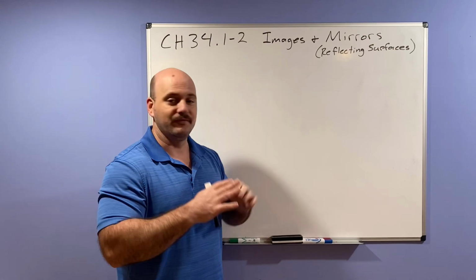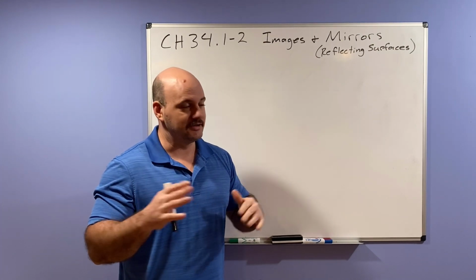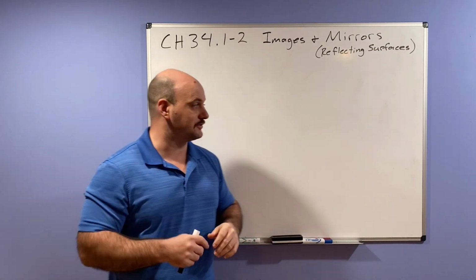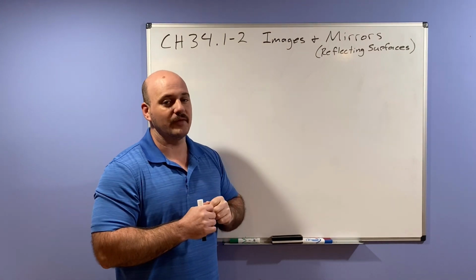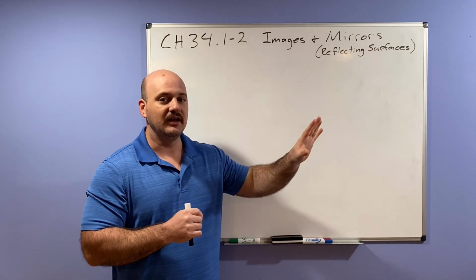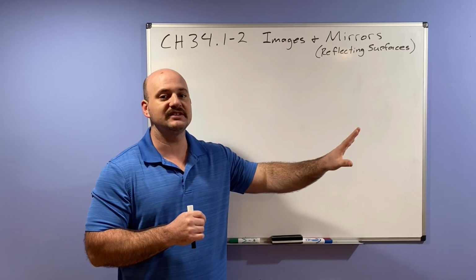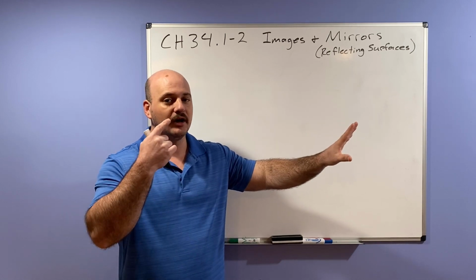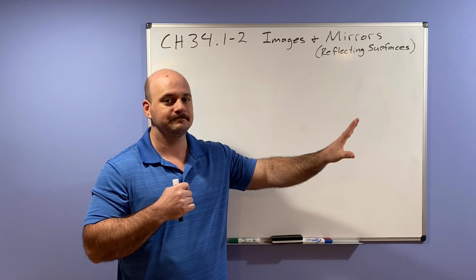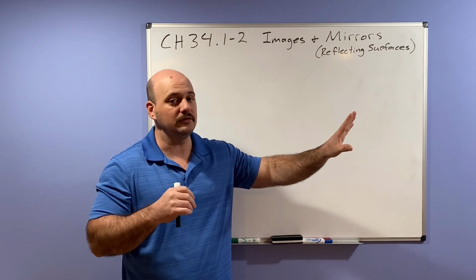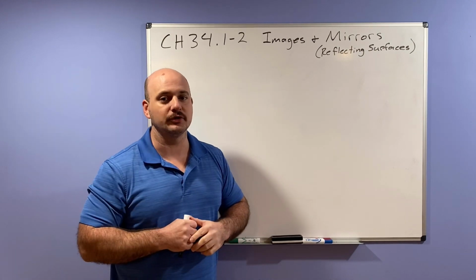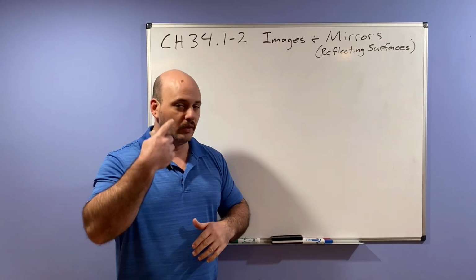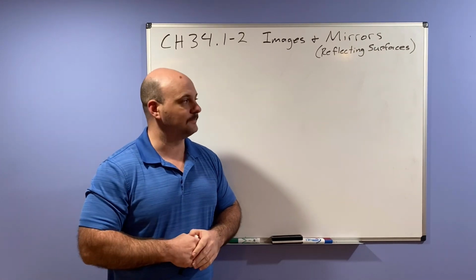If that were a real image, you'd need to call an exorcist or something. Essentially, a virtual image can only be seen by an observer. It's not real. The light rays have to intercept an optical system, whether that's a camera or your eyeball or something like that.